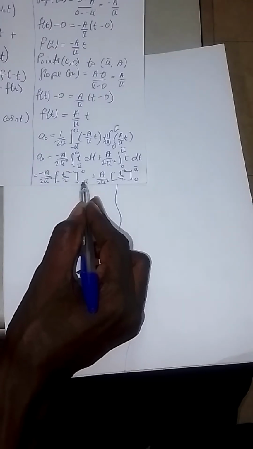Now I'll put in minus pi, so minus pi squared over 2.